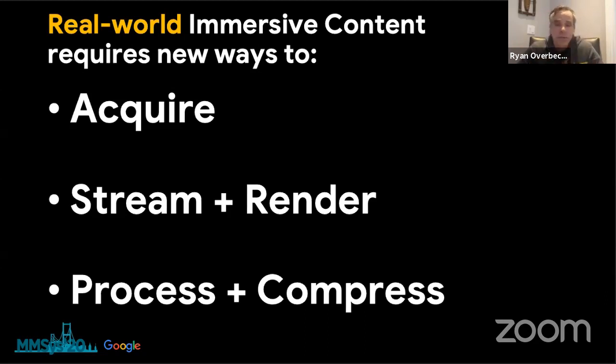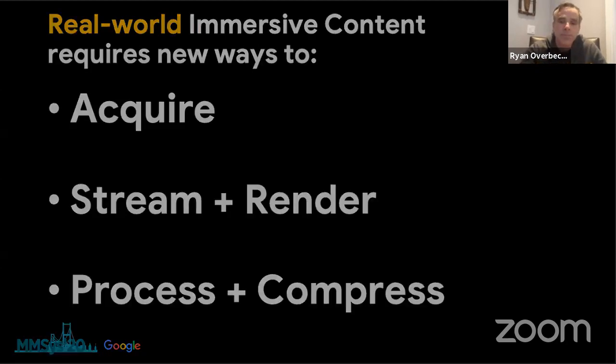Now, at Google and other places, we've been interested in real-world immersive photography and videography for a long time now. And we've all tried a bunch of different approaches to try and fill in this pipeline. And now the rise of VR and AR provides a really nice opportunity to aim for deeper immersion than what's been possible before.